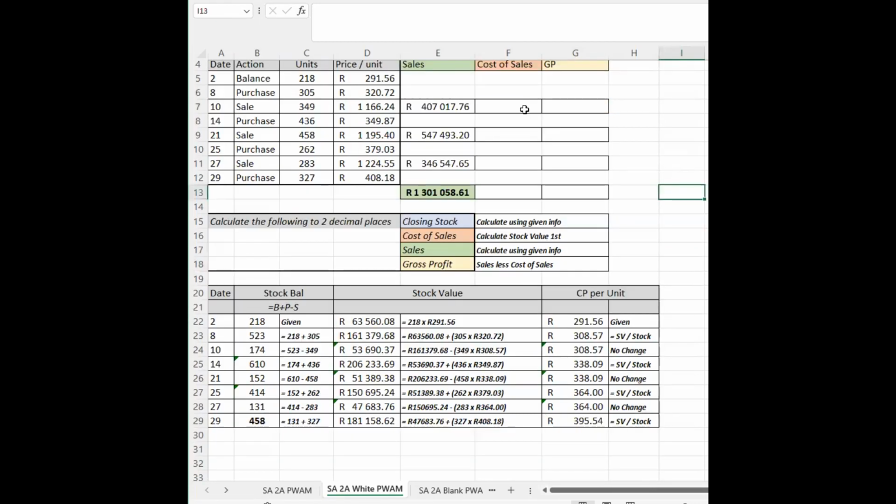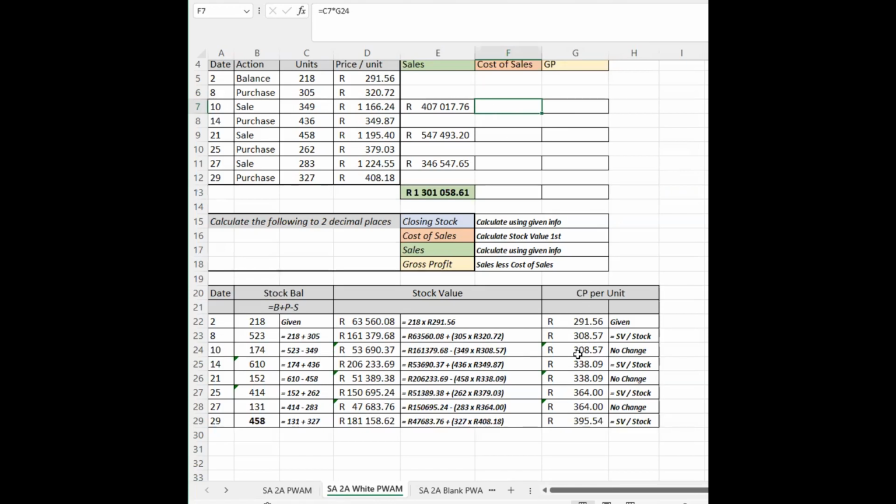Well, now when we get to the cost of sales, we will have to say, good, it is still 349 units that we sold, so that's not going to change, but we have to multiply it by that cost of sale that we used when the transaction took place.